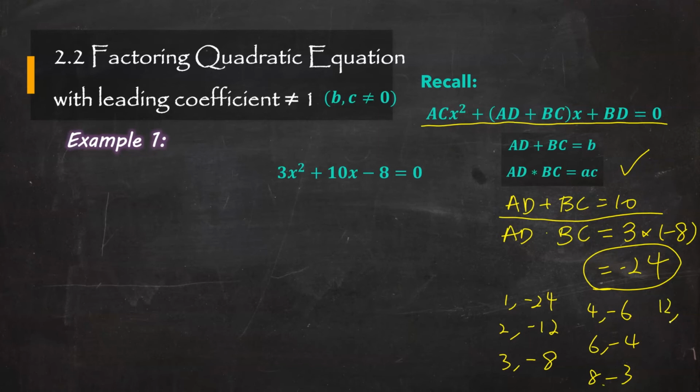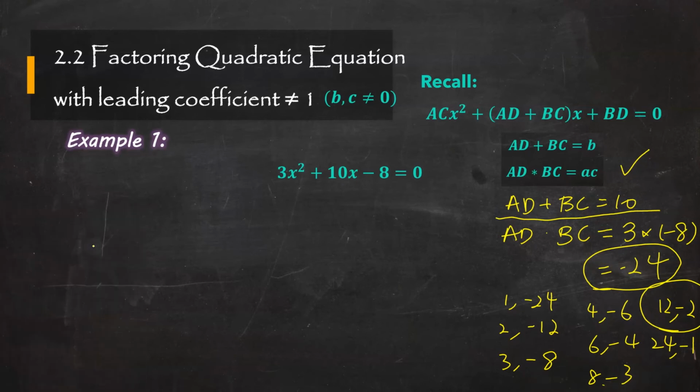So it's 12, negative 2, and 24, negative 1. So now which pair would satisfy the first equation? I would say it's going to be 12 minus 2 equals 10, right?